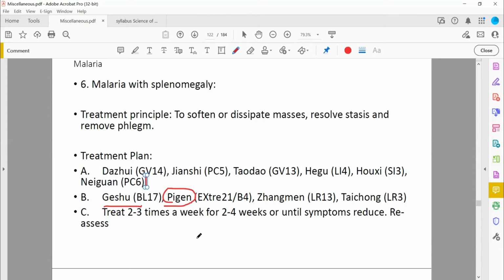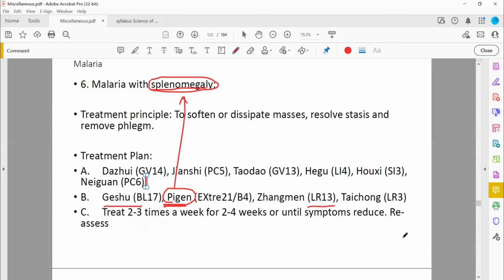This one for what? This one is an empirical point for splenomegaly. Once you see the organs enlarged, you can use Pigen. So empirical points for this situation. Zhangmen, liver 13.